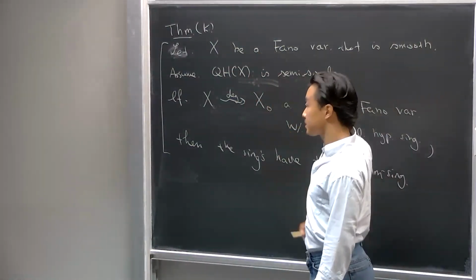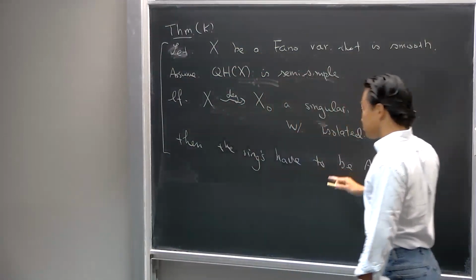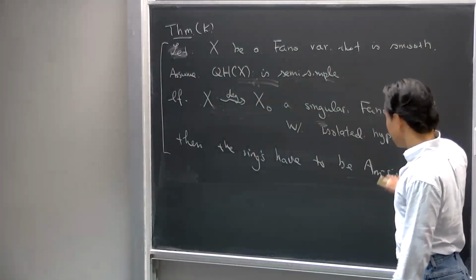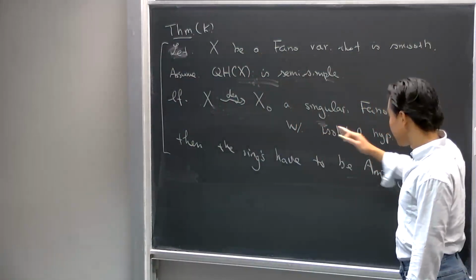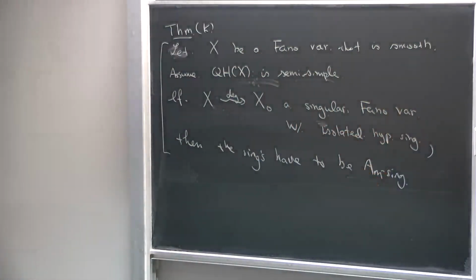And under this nice structure, I'm going to rule out all the isolated hypersurface singularities that X can develop other than A. First of all, I'm going to translate this into symplectic geometry.